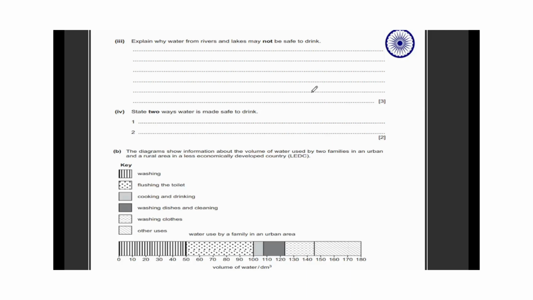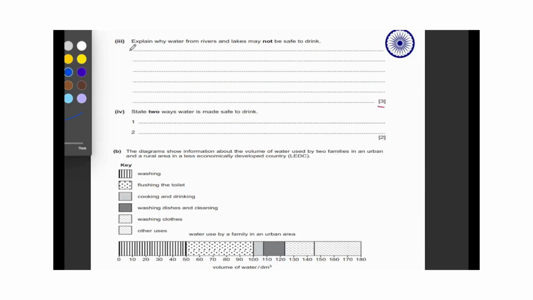Sometimes animals urinate in them, dead animals, right, and risk of the disease we call waterborne disease. So there are 3 points we have to mention here. So let's mention this 3 points here. I'll change back to the blue one here.